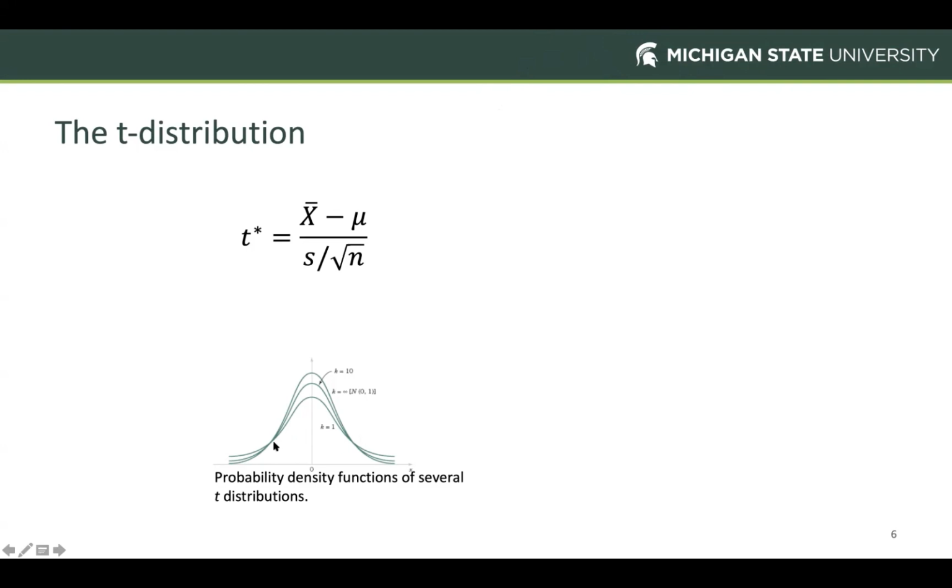And in fact, what we basically see, so with smaller degrees of freedom, it basically looks like a normal distribution with a lower peak and fatter tails. And so what that means in concept is that we have a higher number of extreme values as compared to the normal distribution.